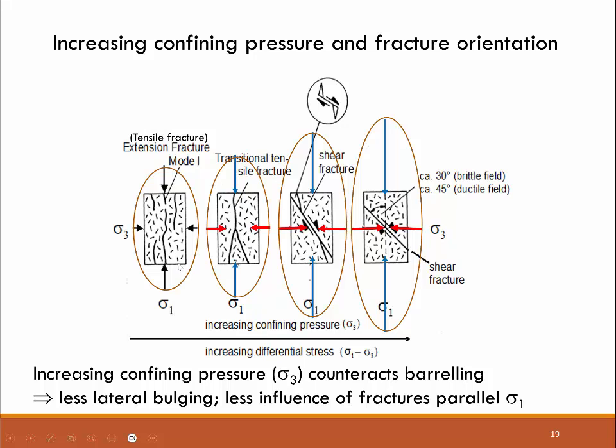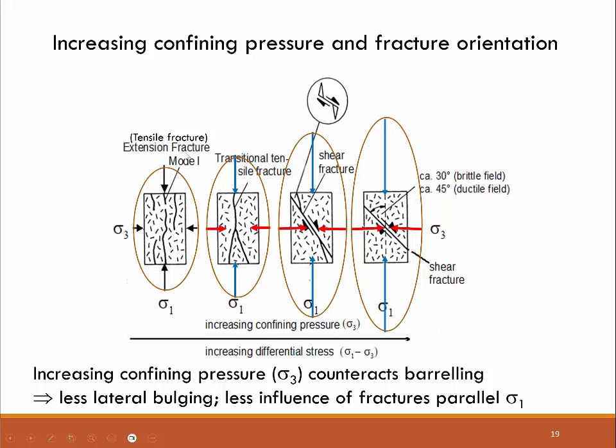We see here that under low confining stresses the stress ellipse is relatively small. That means the differential stress between sigma 1 and sigma 3 is not very large, but under these conditions is sufficient to cause rock failure: mode 1, tensile fractures.